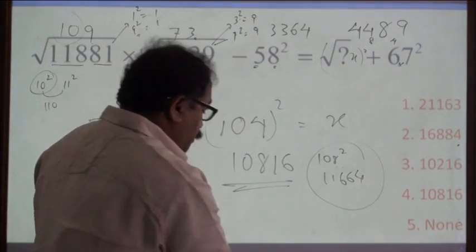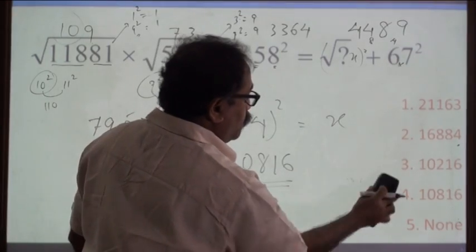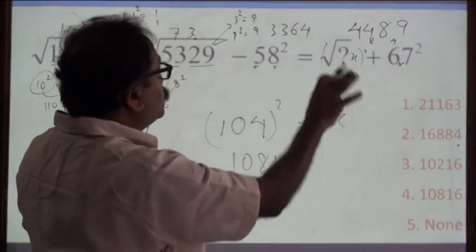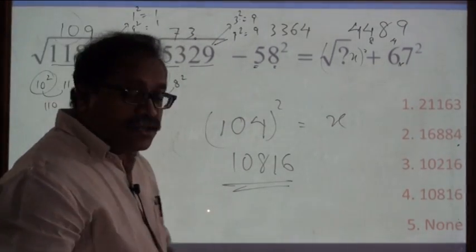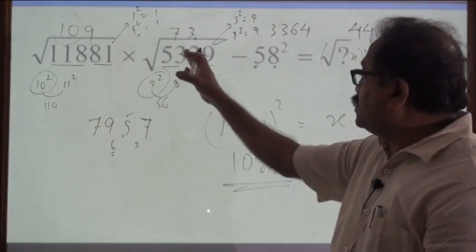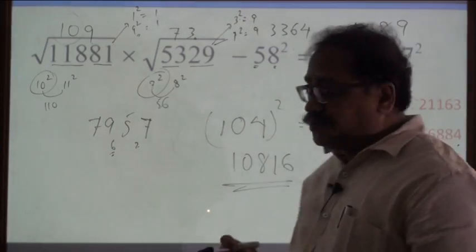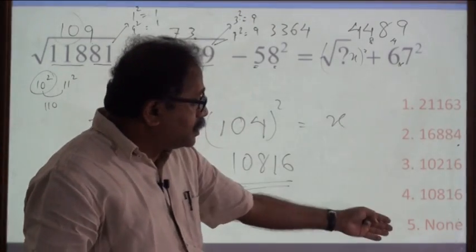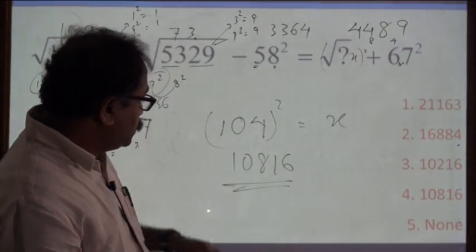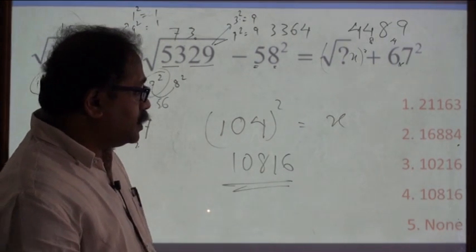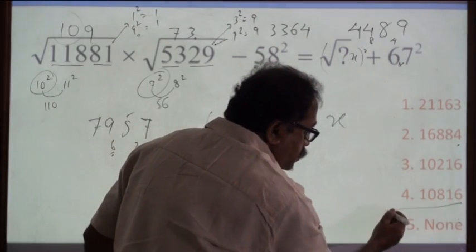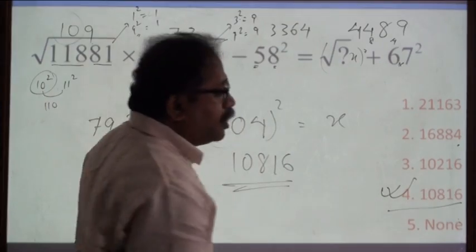Once we know these short methods of calculation, you can see that with the least possible calculation we can reach the answer. So I have the options. Which option is this? 10,816. I can say this is 10,816. Option choice 4.